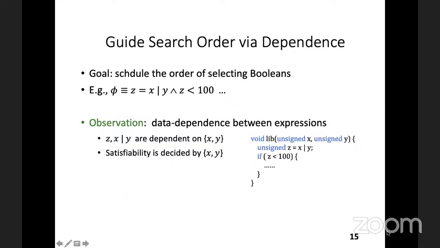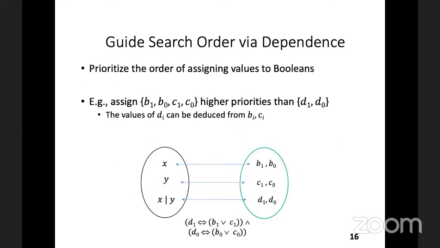For instance, the expression X bitwise Y depends on X and Y. So our goal is to prioritize the order of selecting Boolean variables for assignment. In the former example, we will give higher priority to B and C than D. Intuitively, if the values of B and C are given, then the value of D would be deduced automatically.